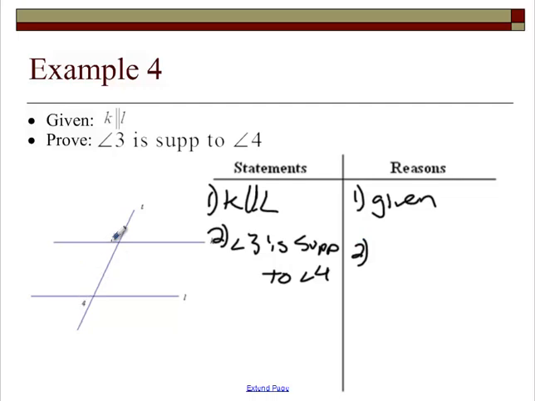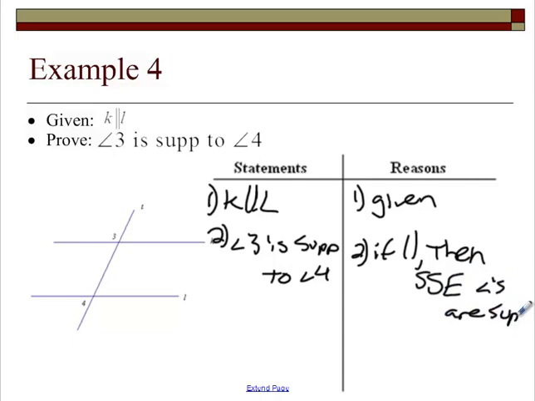They're both on the left side of the transversal, so they're same side angles, and they're outside of the two parallel lines. So if parallel, same side exterior angles are supplementary. So essentially you're just doing what we did on the previous video, finding what type of angles they are, but now you're just writing it as a conditional statement.